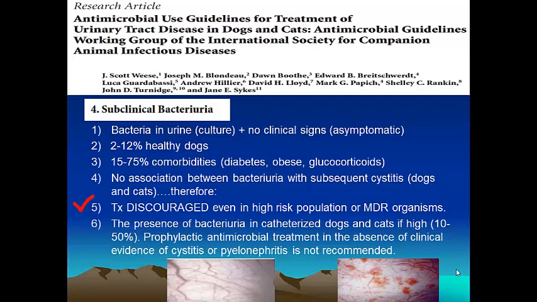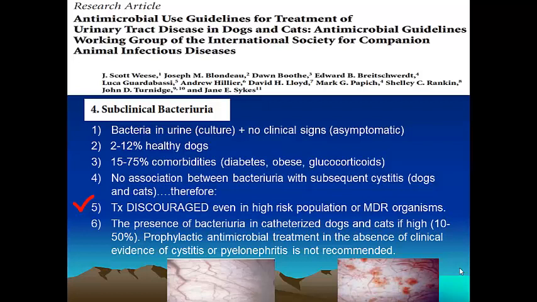And there is also anecdotal evidence that even if you have multi-drug resistant bacteria, it will probably not affect whether you treat or not. And in fact, if you withhold the treatment, they will sometimes be replaced by susceptible organisms. And if those animals subsequently develop a cystitis, then the drugs will work. So there is really no grounds for treating with antimicrobials.